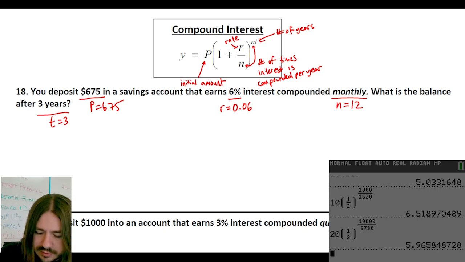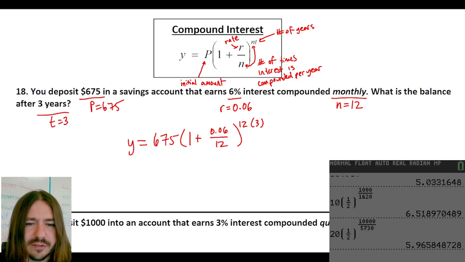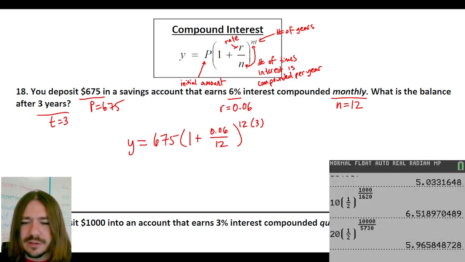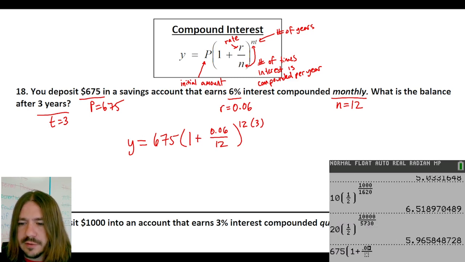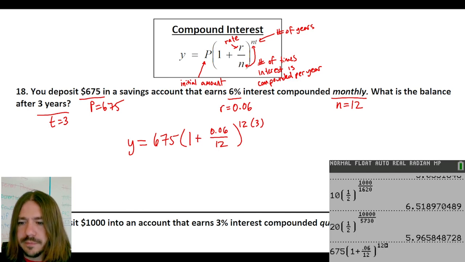So y equals 675 times 1 plus r over n to the power of n times t. And we're just going to put all this in the calculator. This is not something that you want to do by hand. So let's see, 675 times 1 plus, and I'll create a little fraction here, 0.06 divided by 12, to the power of 12 times 3.